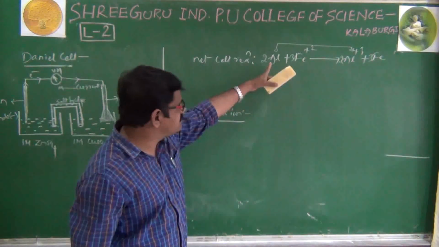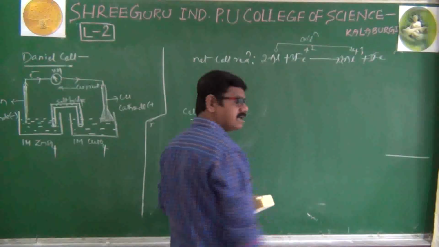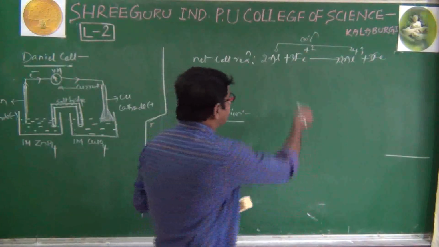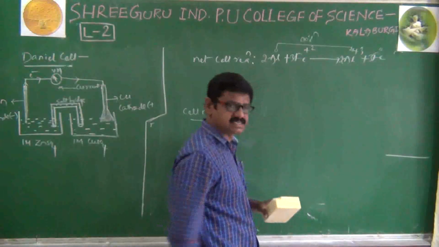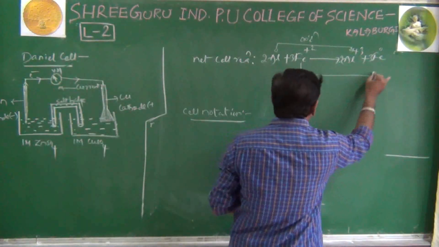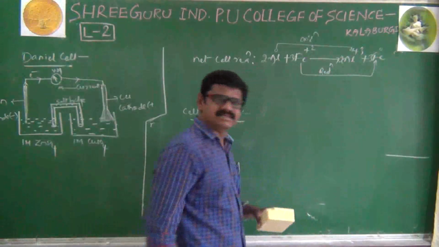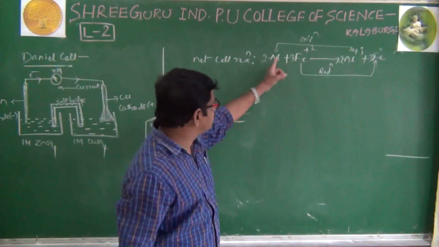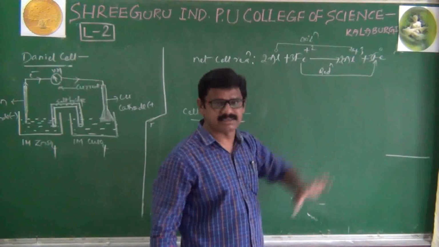That's why aluminium is undergoing oxidation, so aluminium is the anode. And Fe plus 2 has converted to Fe, which is in the 0 oxidation state. A decrease in oxidation state is a reduction. That's why iron is acting as the cathode.